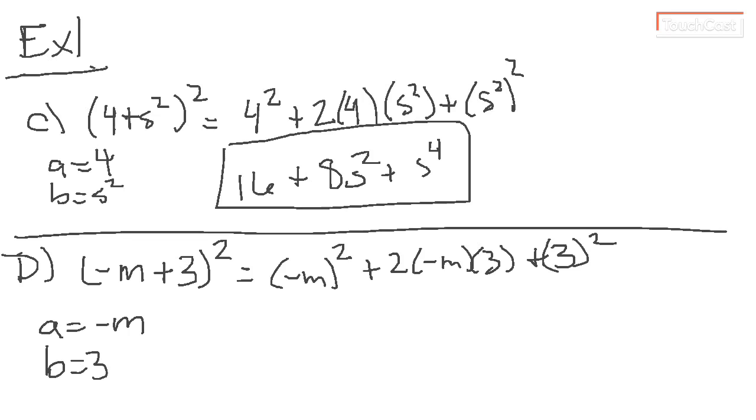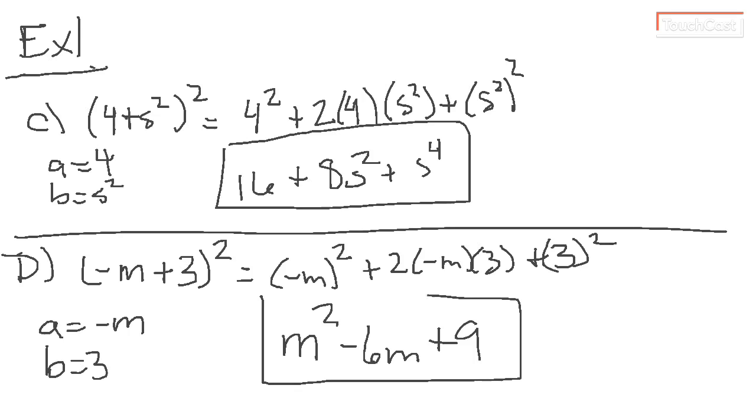Well, if I took negative m times negative m, a negative times a negative makes a positive. So we're going to end up with positive m squared. 2 times negative m times 3, well, 2 times 3 is 6, and a positive 6 times a negative m is going to make a minus 6m. And then 3 times 3 is 9. So we're going to get m squared minus 6m plus 9.